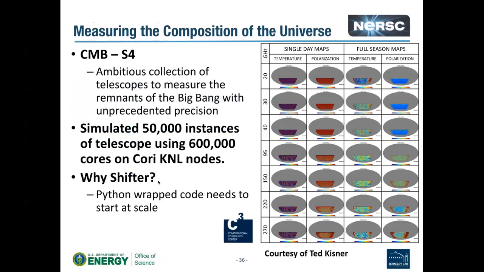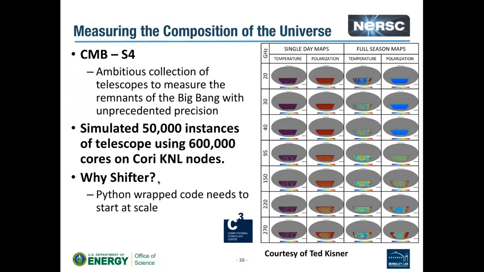So this is Knights Landing nodes, Xeon Phi nodes, and there are like 9,600 of them in the system, so something like 600,000 cores. When he tried to do this without Shifter, because of that Python behavior that I talked about earlier, it was taking him hours just to start up his application. He actually wasn't getting any science done because it was still trying to start up the application.